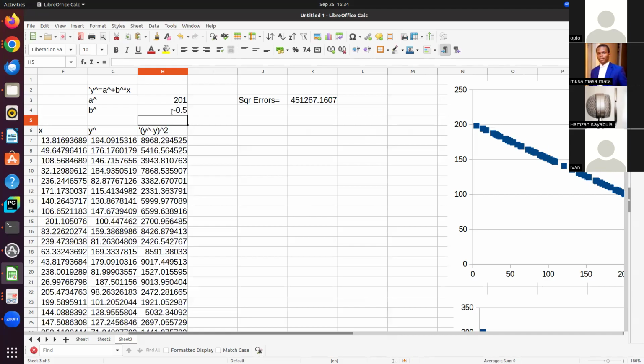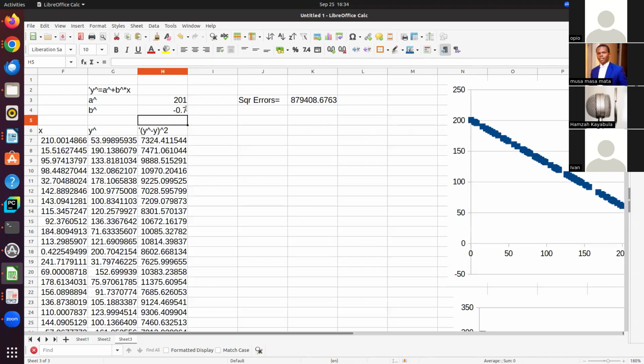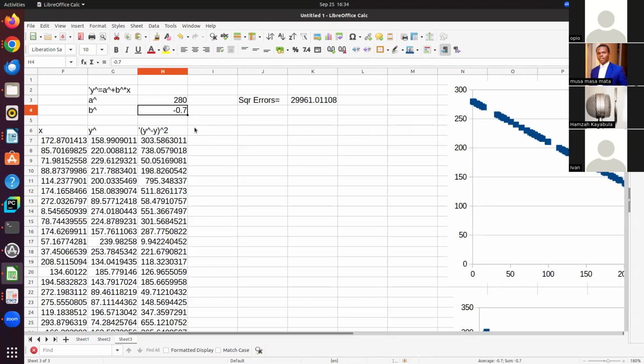Okay. Let's continue. Let's put 0.7. What happened? And I still continue looking. What about 280? If I put the exact numbers, oh, I got a very small number, 29,961. By the way, this is supposed to be the lowest number, close to the lowest number you can get.